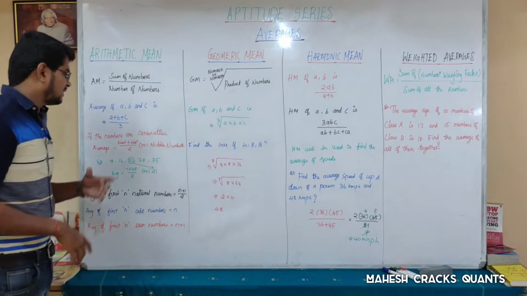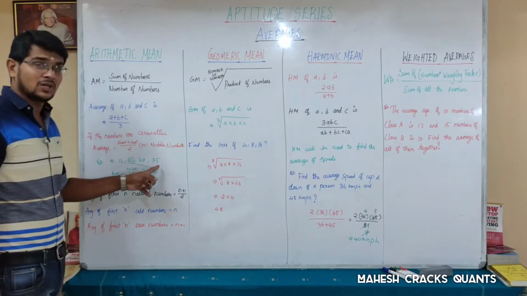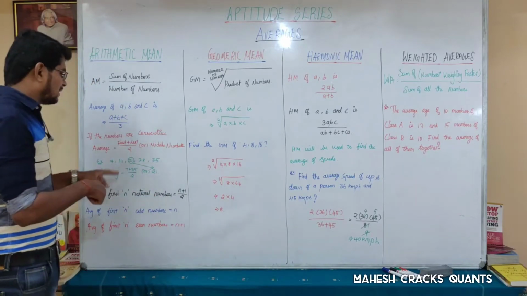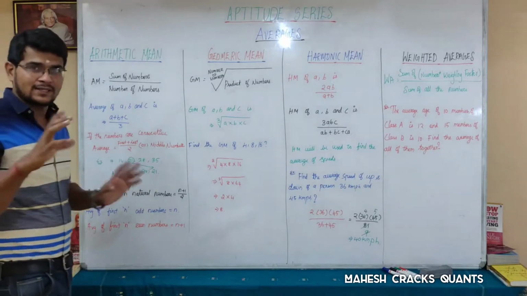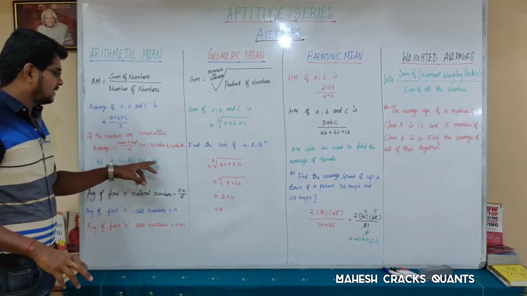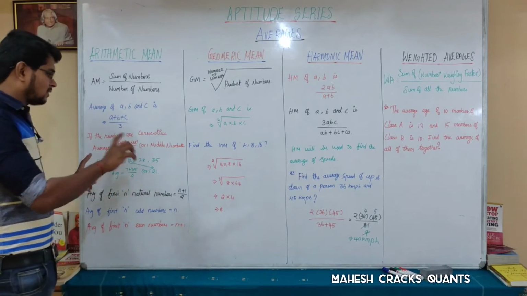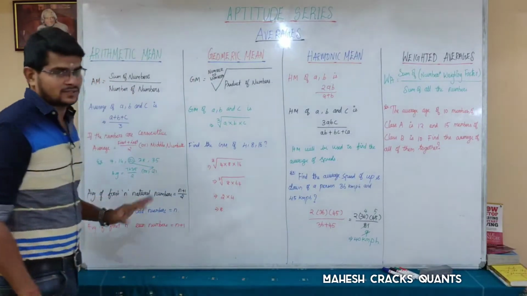So you can take the average as first and last divided by 2, as I told earlier, or else you can take the middle number as the average. In both cases you will get the average as 21. Yes, 7, 14, 21, 28, 35. If you add all the numbers and divide by 5, you will also get 21 as the answer.